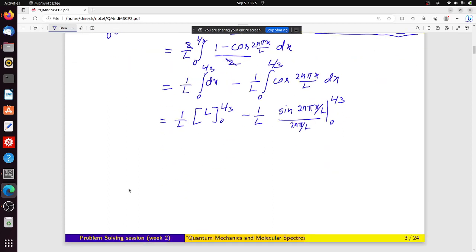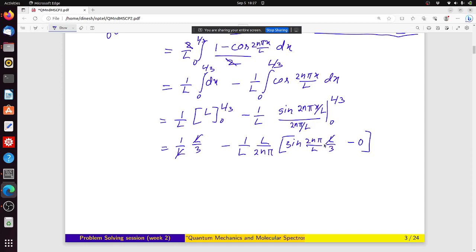Okay, so putting the limits, we'll have 1 over L, then L by 3. If you put the lower limit, it will be 0. So this is 1 by 3 minus 1 over L times L by 2n pi. Then we have to put the limit. So let's put the first limit, sine of 2n pi by L times L by 3, minus, putting 0 here, sine of 0 is 0.